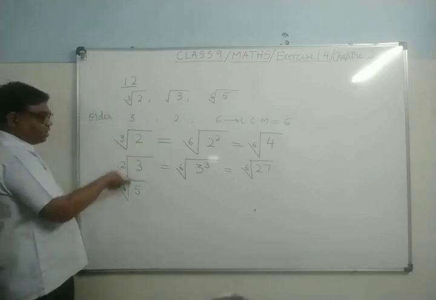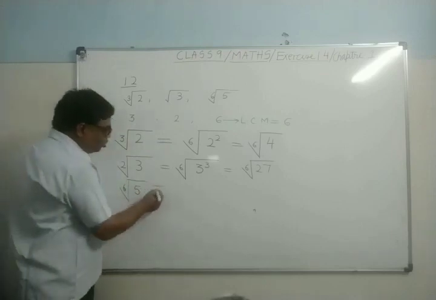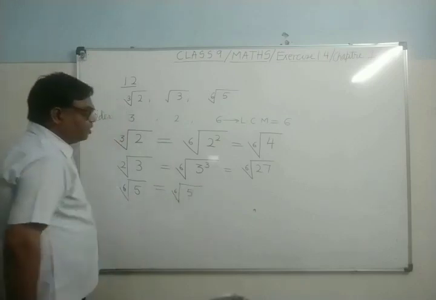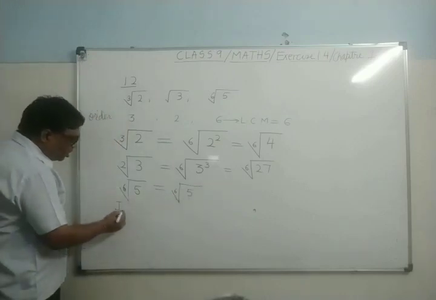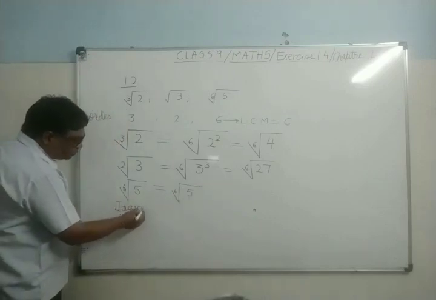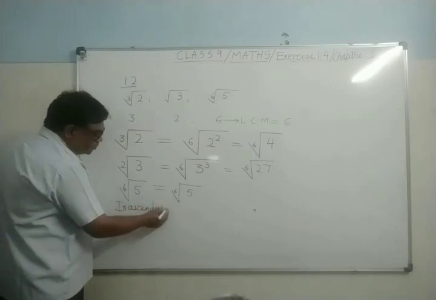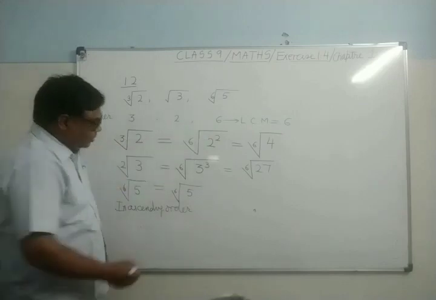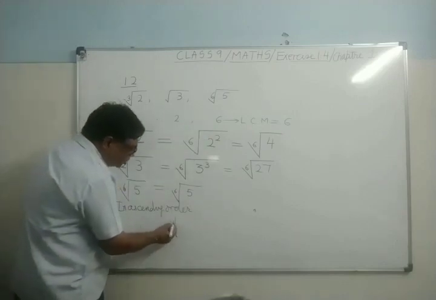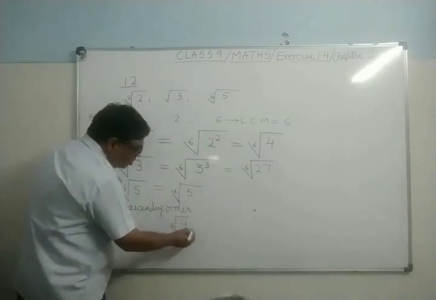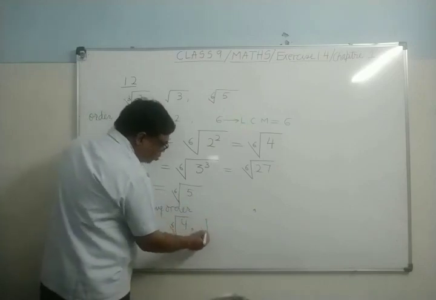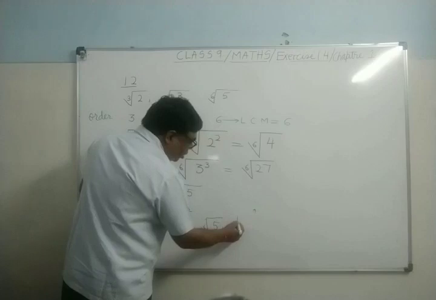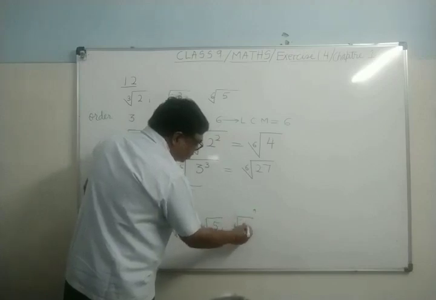Then you can see that the last one is already given as a 6th root. Here the order is already 6, so there is no need to multiply by any number. So in ascending order, from the smallest: 6th root of 4, then 6th root of 5, then 6th root of 27.